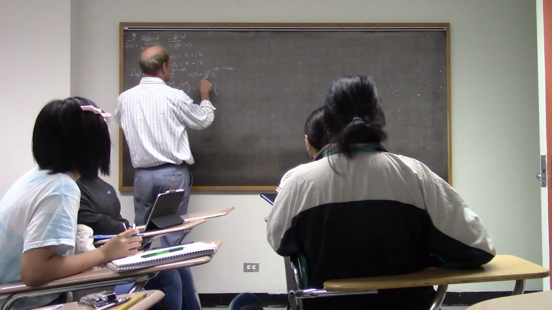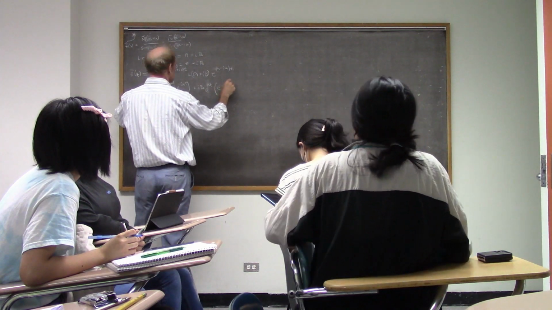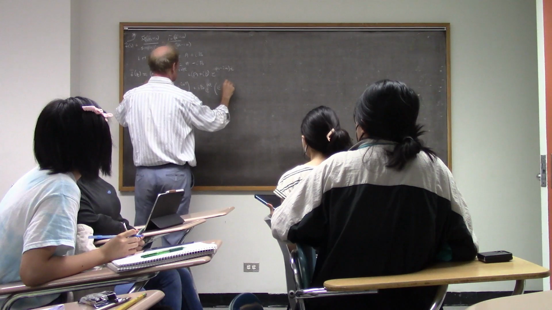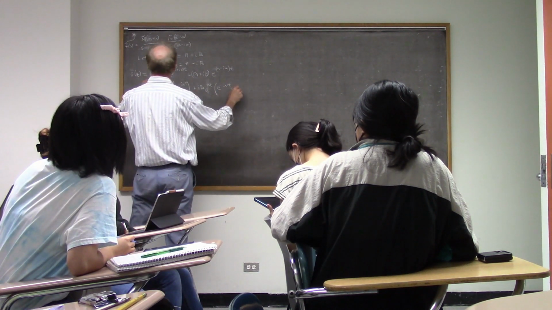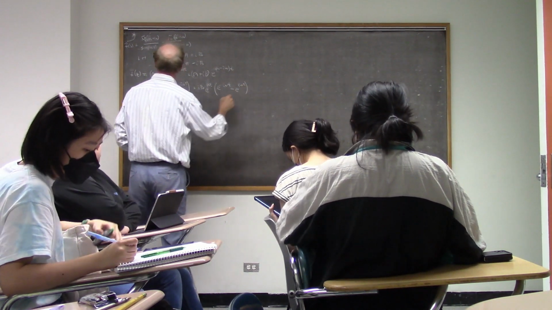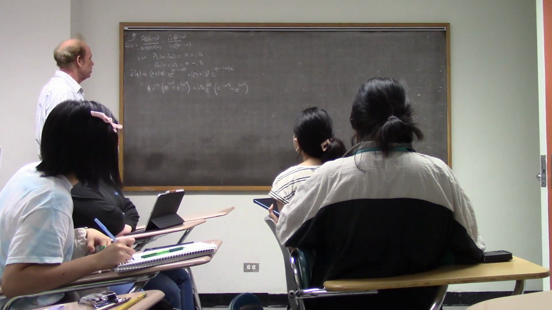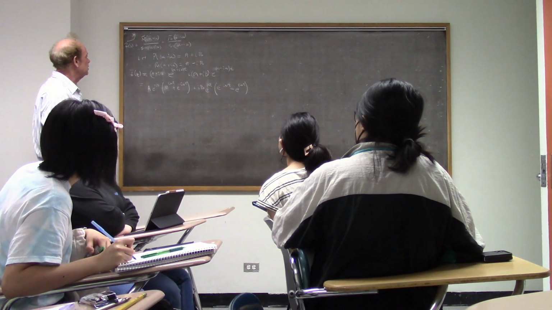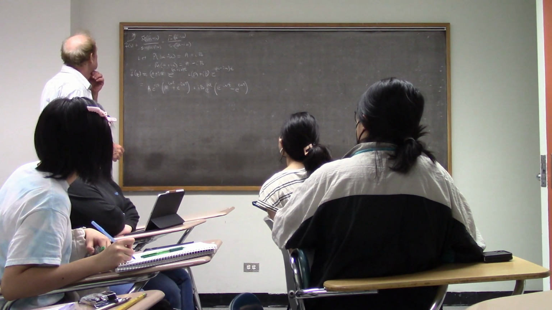And here I've got e to the minus i omega t, and here I have minus e to the i omega t. And I have a sign I don't like, but we'll fix that later on. Did I get this right, or did I screw up the signs?